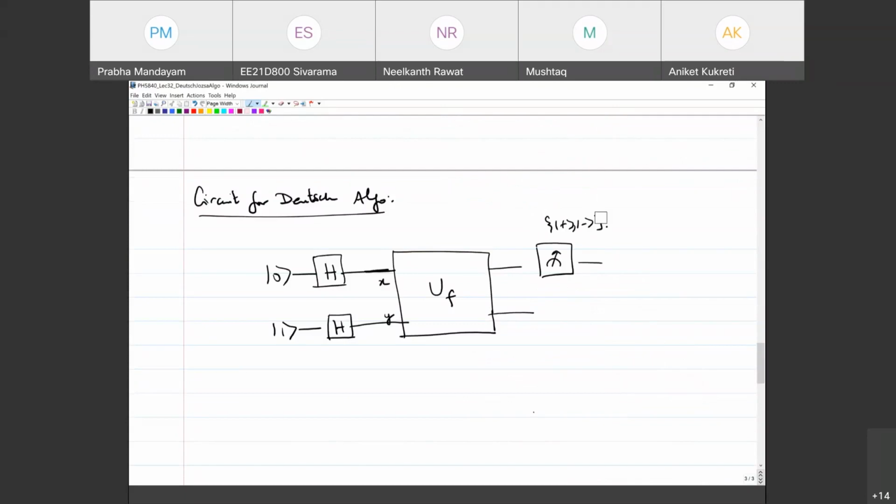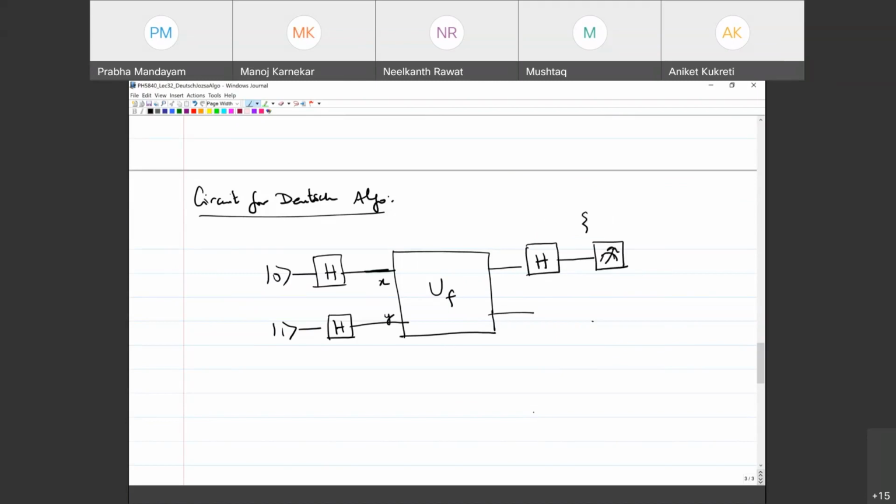Suppose I don't have an experimental setup which is going to measure in the plus minus basis. Then how will I do this? A Hadamard again to change the basis. Very good. Yes. So I need to do a Hadamard and then measure in the 0, 1 basis.